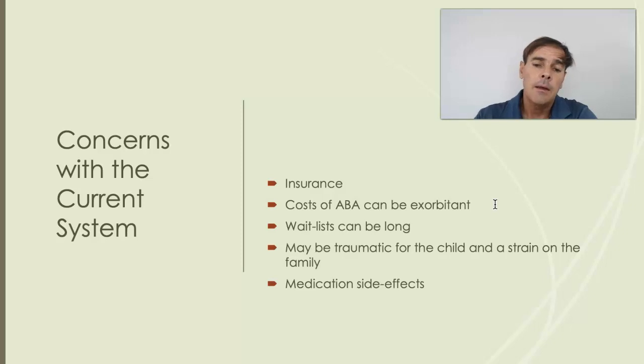And then, of course, the medication side effects that I alluded to. Some of these studies that I looked at with weight gain with these medications were pretty profound, like massive weight gain, many, many pounds within less than a year.